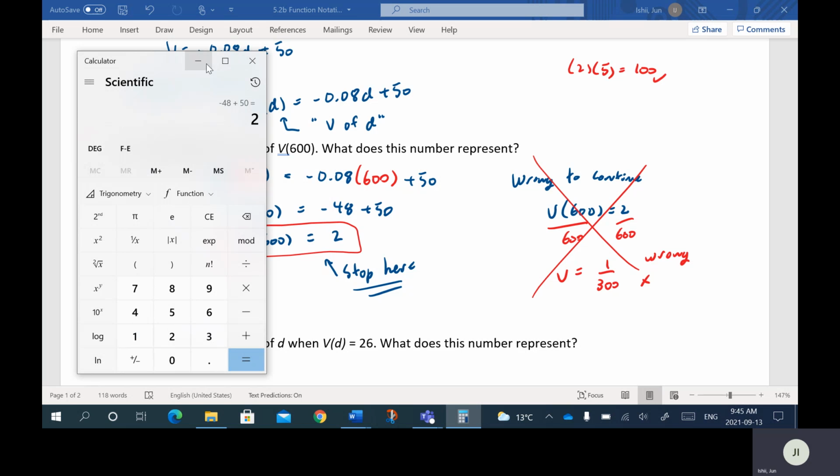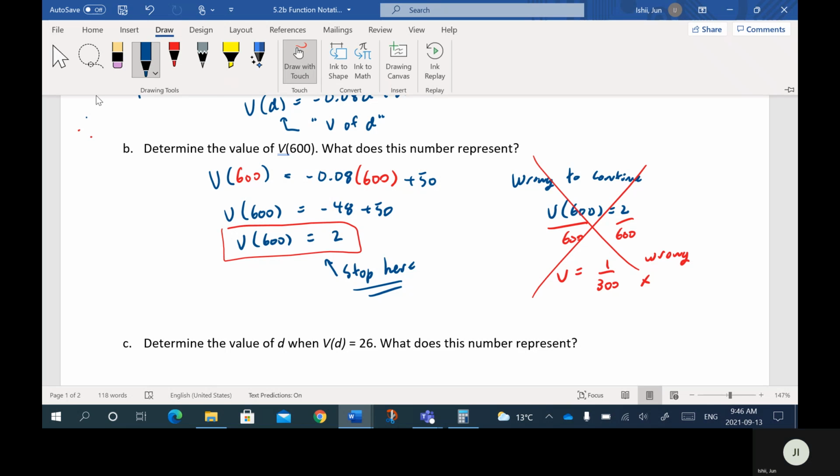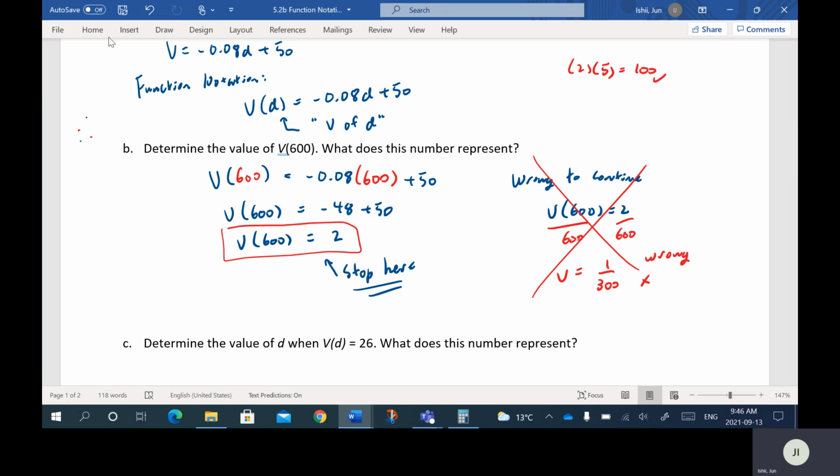Yeah, it is going to be 2. All right, so the second part here, what does this number represent? This means that we will have 2 liters of gas at 600 kilometers driven.